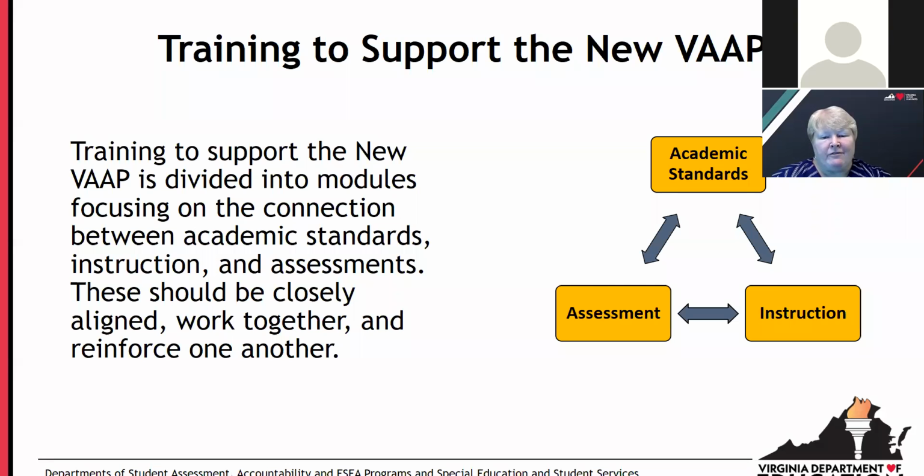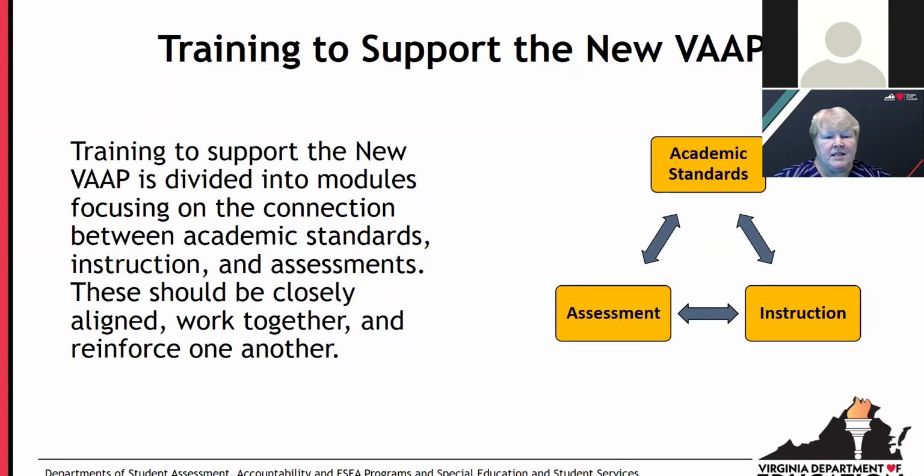From our graphic here, you'll see that we look at that as a network that has to work together. Each part of that triangle needs to reinforce the others, and they are very closely connected in order to make it all function successfully. Our session today is really going to focus on part of this.